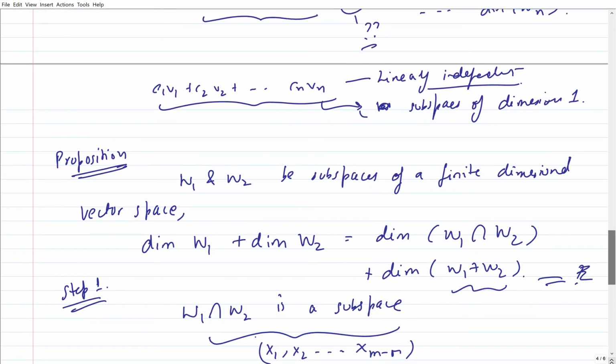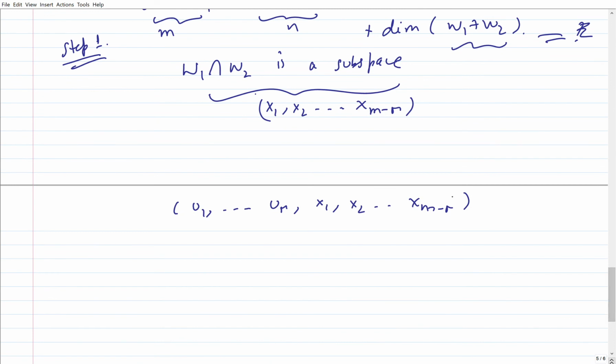We are assuming that W1 has the dimension m and W2 has the dimension n. So now you can extend this basis such that this is the basis set for W1, and you can also analogously extend it to W2. Sorry, I beg your pardon, let this be r.